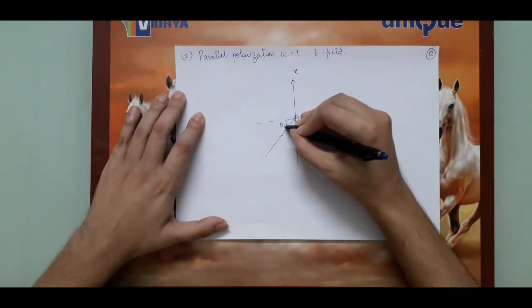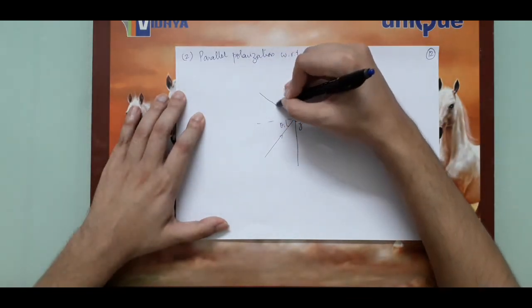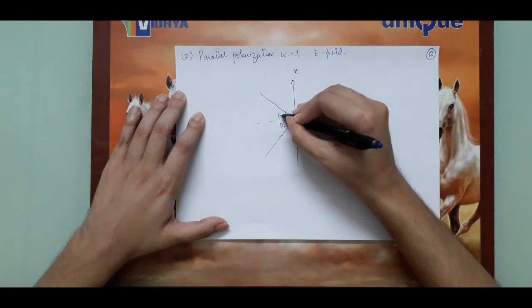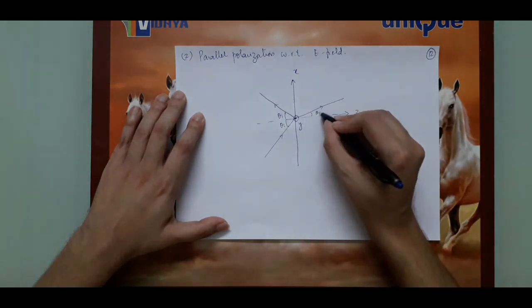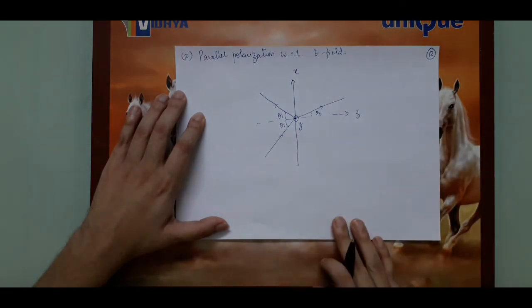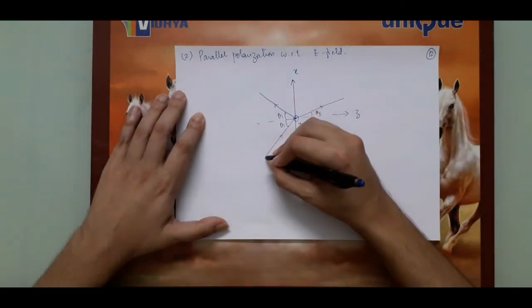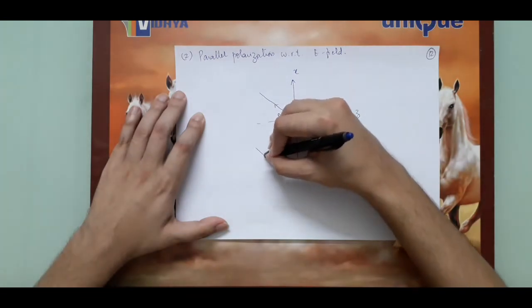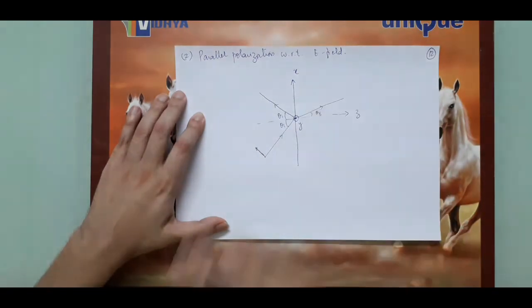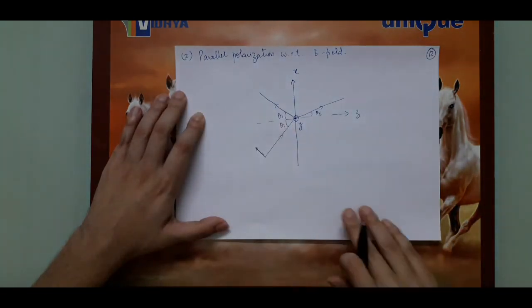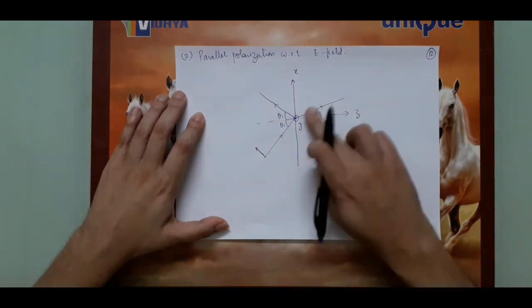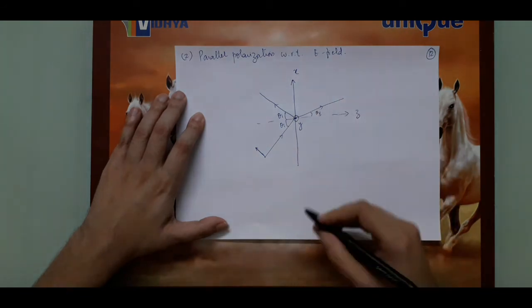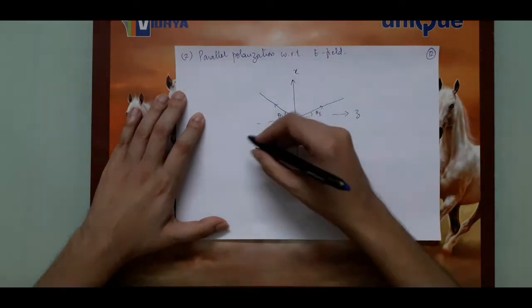The angle which it makes is theta I. The reflected wave angle is also theta I. The transmitted wave makes the angle theta t. Now, let us assume that the electric field vector is this way. So it is parallel to the plane of incidence. The electric field vector has to be always orthogonal to the direction of propagation. So let us say it is this way.